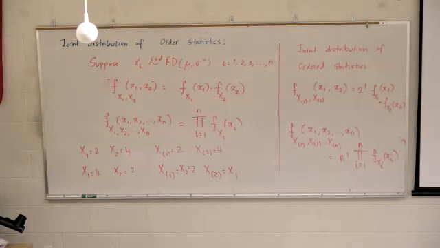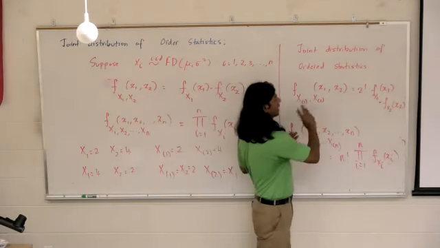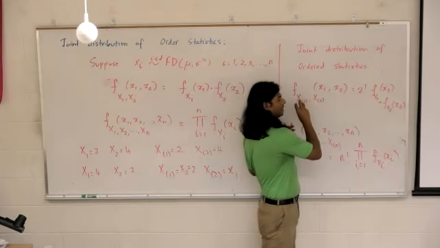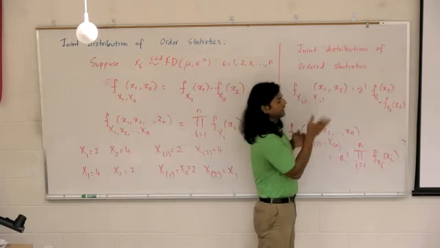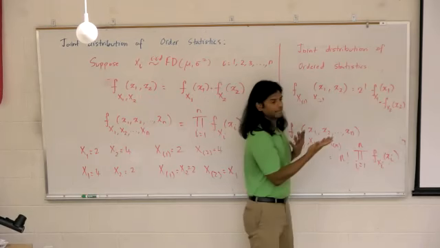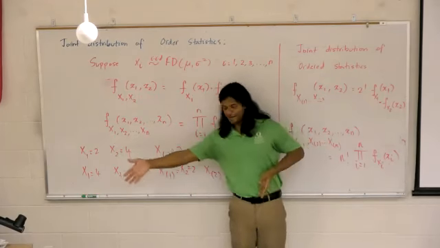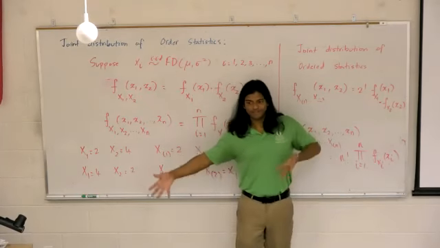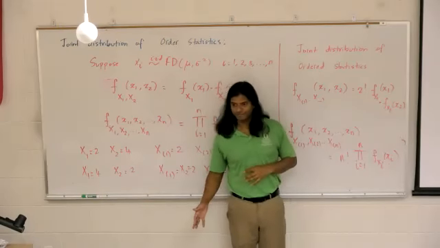It does matter how many observations you pick, but what doesn't matter is the index, which one you pick. It could be 1, 2, 3, 5, and 7. 5 and 7 would still have 2 factorial.